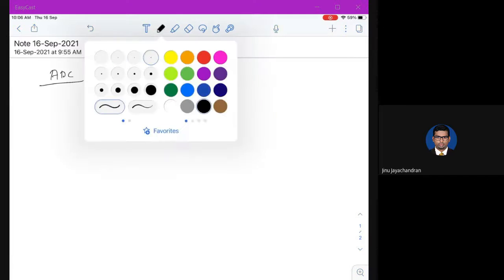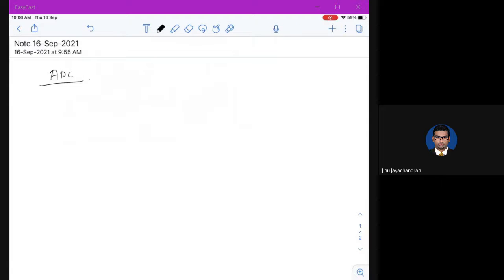So any kind of an external device, for example, a sensor, let's say a temperature sensor. Now, when the temperature sensor senses the temperature, there is some mechanism in it which senses the temperature.